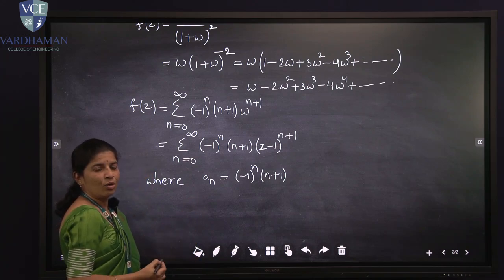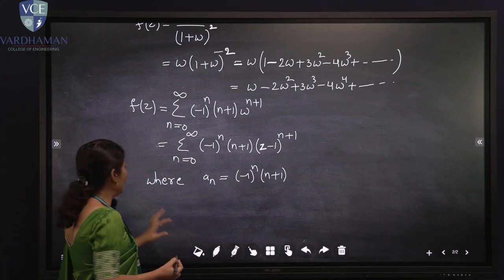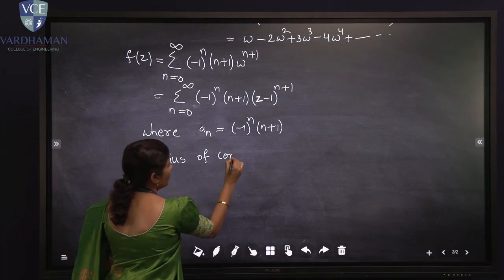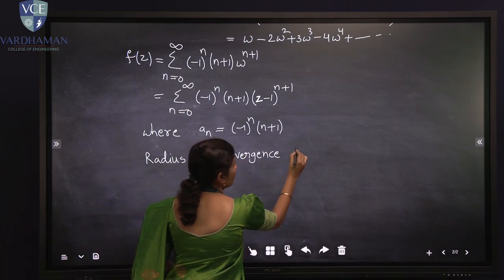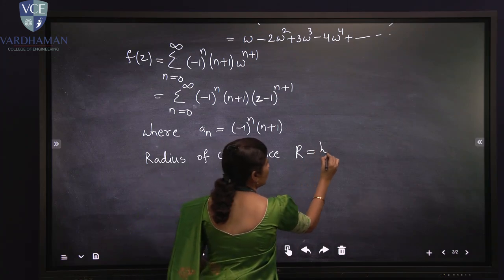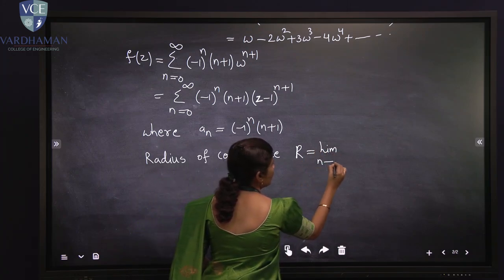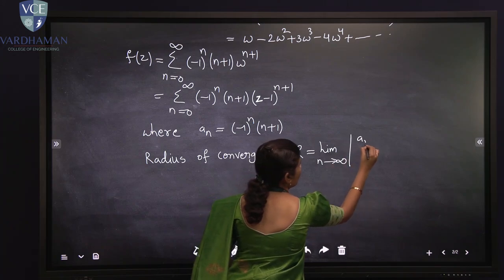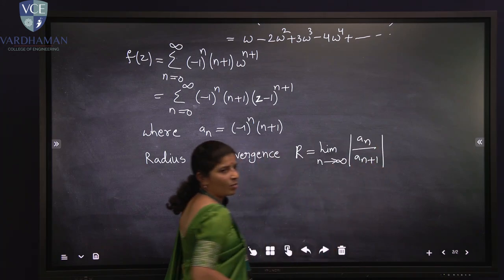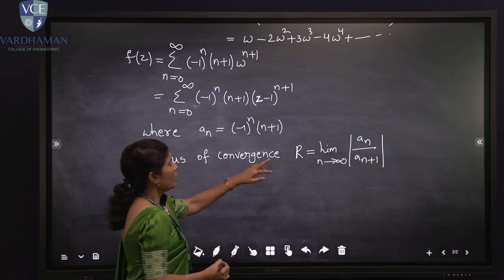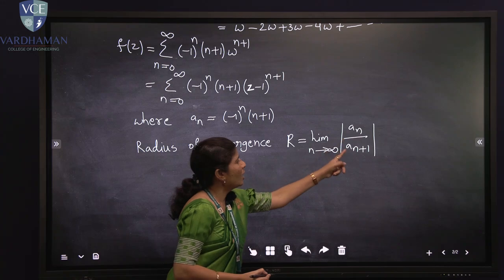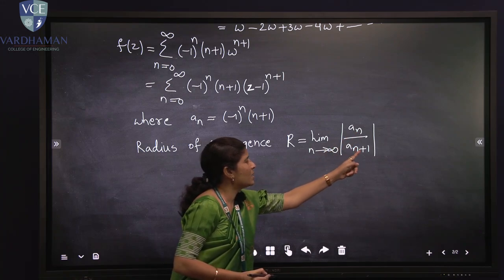Now I want to calculate the radius of convergence, and we know the radius of convergence formula. The radius of convergence is denoted as capital R, and it equals limit n tends to infinity modulus of an upon an plus 1, and this is the formula of radius of convergence. Now in this I will replace the an value, and in place of n we replace n plus 1.